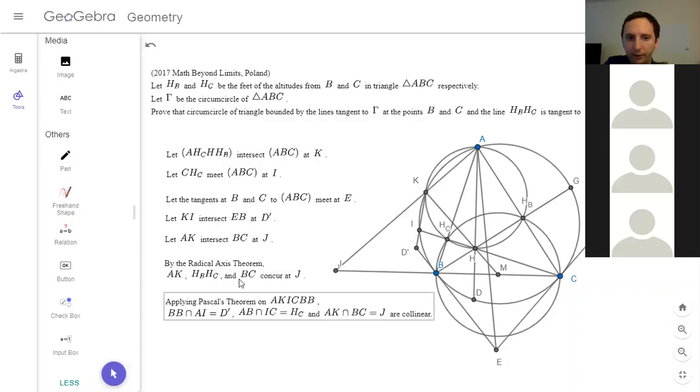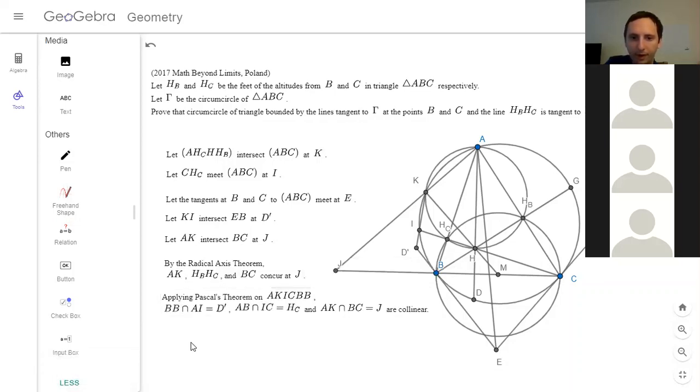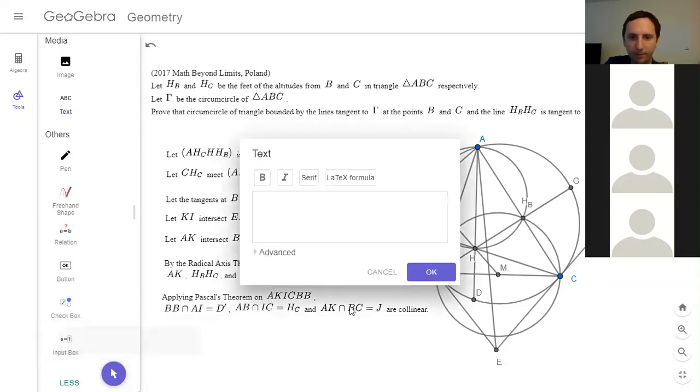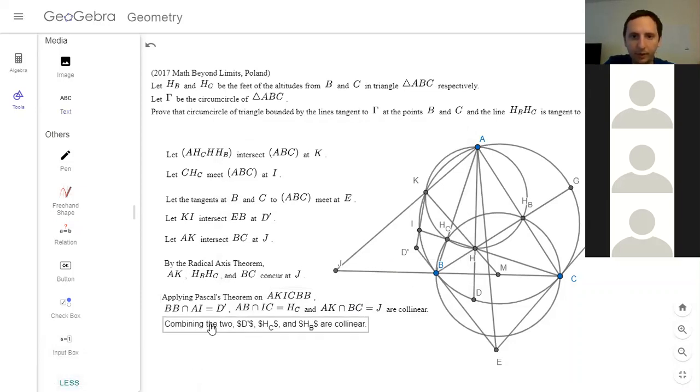If we combine these two facts, that means D prime, HC, and HB are collinear. And that implies D prime equals D.